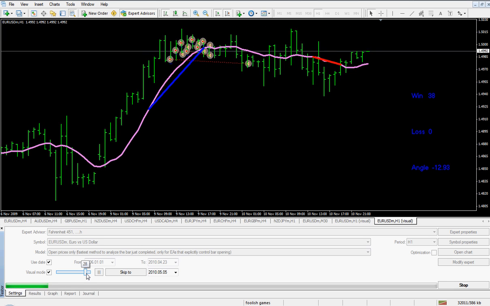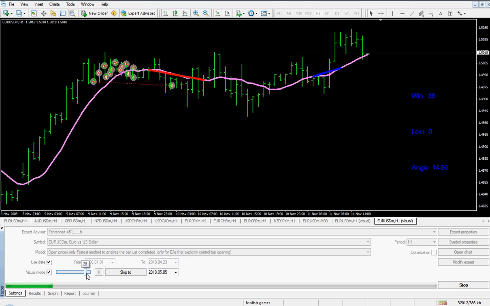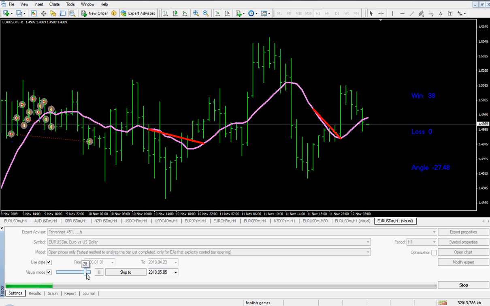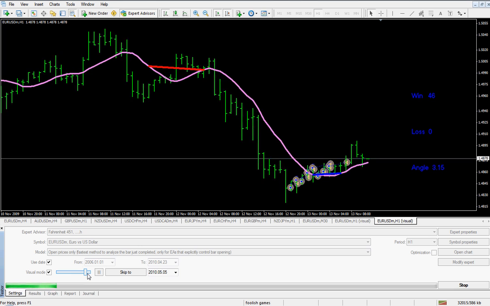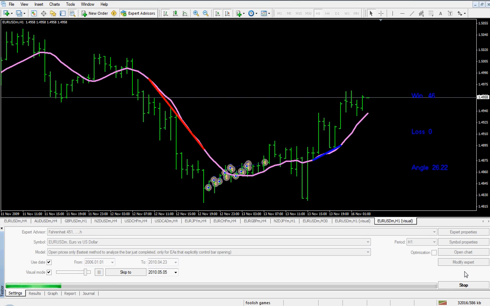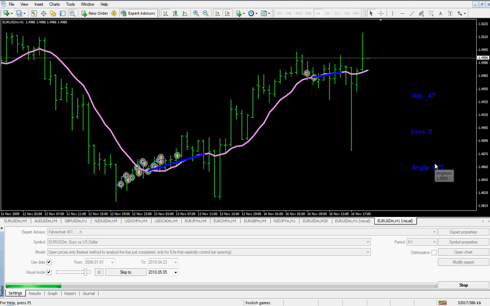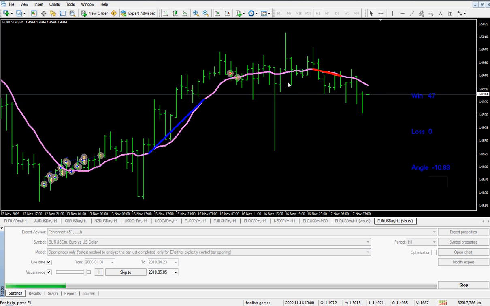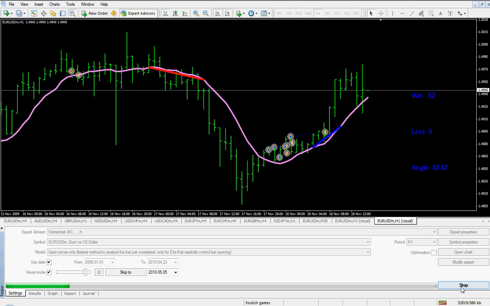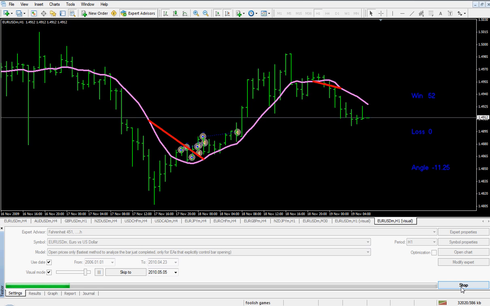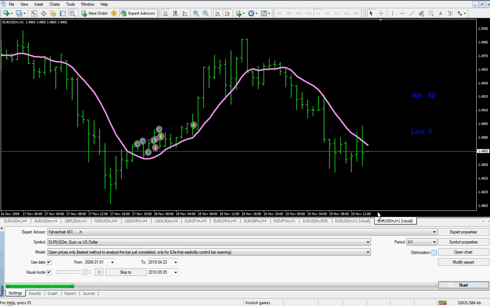Probably going to go a pretty doggone good while before you have a loss with such a small profit target. 45, 46. You can see right there, it's measuring the angle, it's placing the trades. It does not matter. It's going to measure it. Let's see, stop. Okay. And that's enough of that.